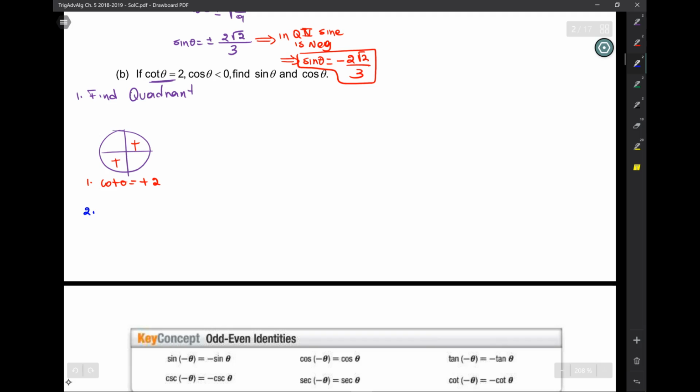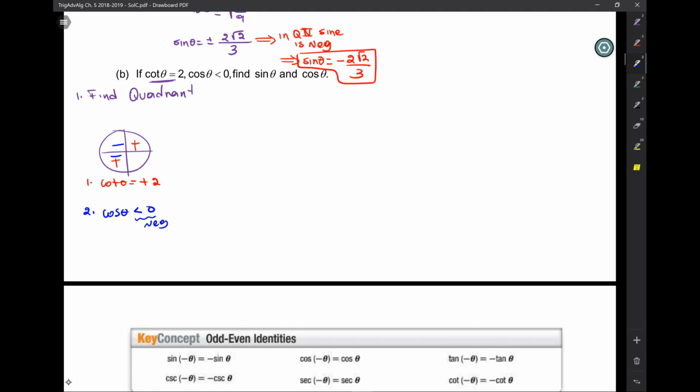Second condition is cosine of theta is less than 0, so it's negative. In which two quadrants is cosine negative? Second and third. Is that right? Yes, All Students Take Calculus: second and third. So in which quadrant are both conditions satisfied?